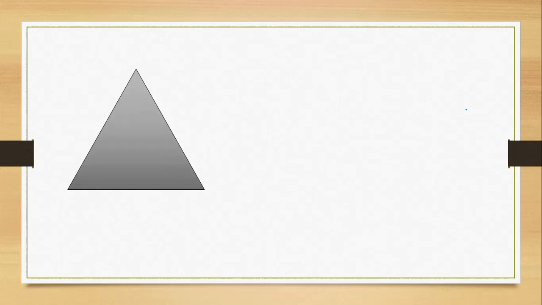First, we see the triangle. This is the structure of the triangle, and this is the perimeter.